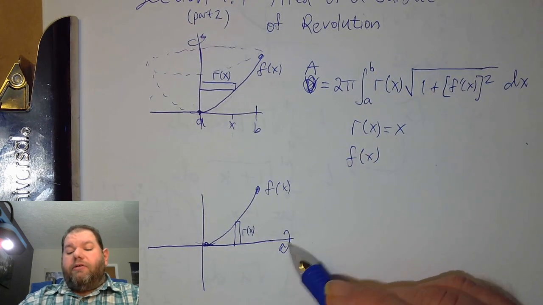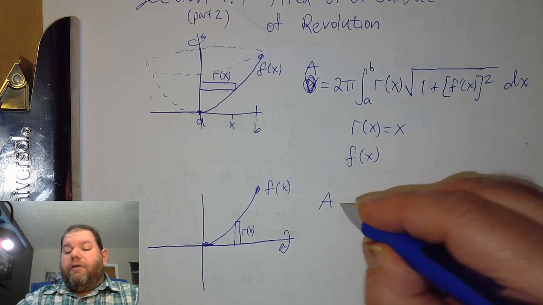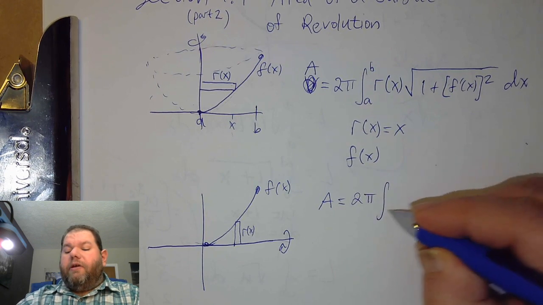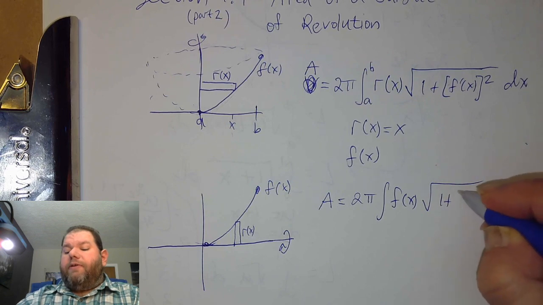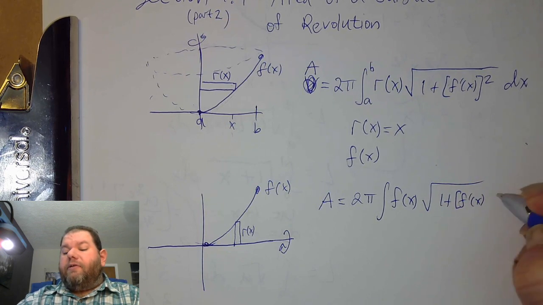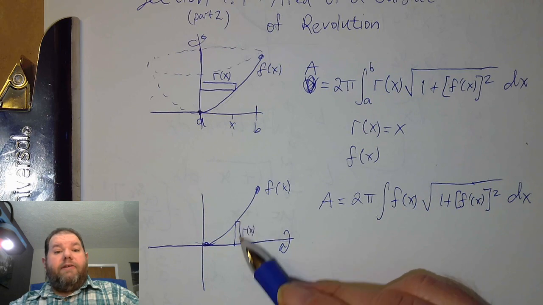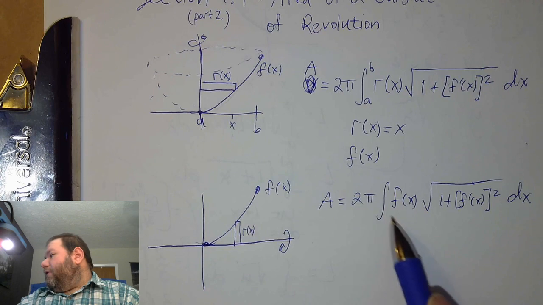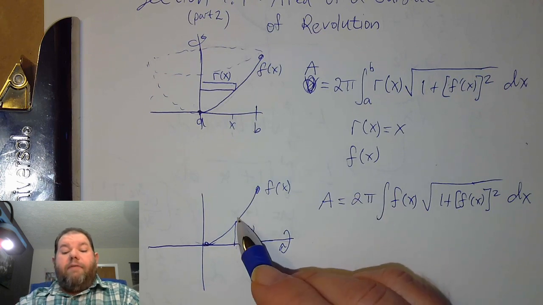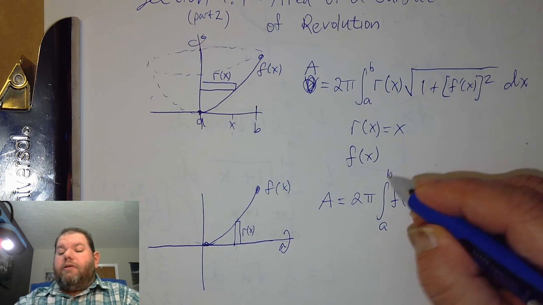It's now here. So our area in this scenario is actually f of x square root of 1 plus f prime of x squared dx. And the reasoning here is that f of x is basically the same as r of x. Here r of x was just x, but in this case the radius is now whatever f of x represents, whatever values we get there. That's from A to B.